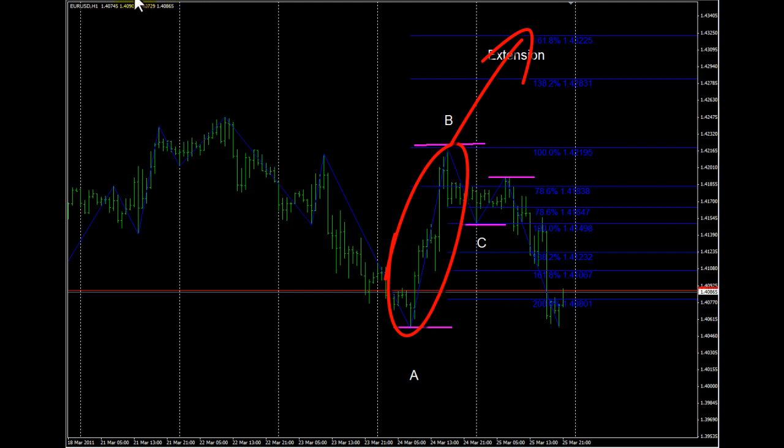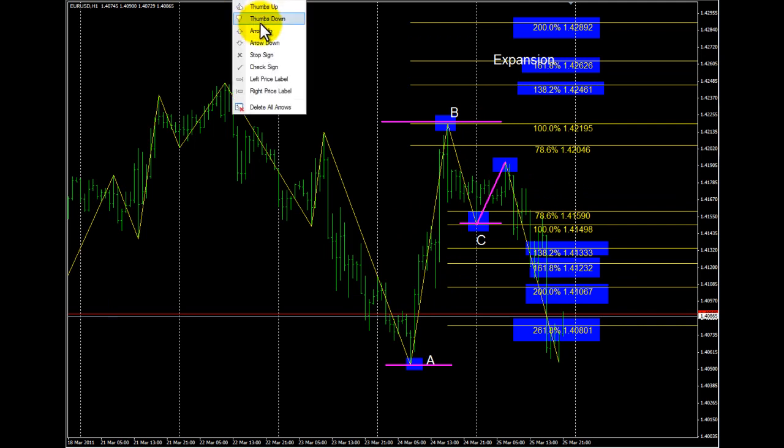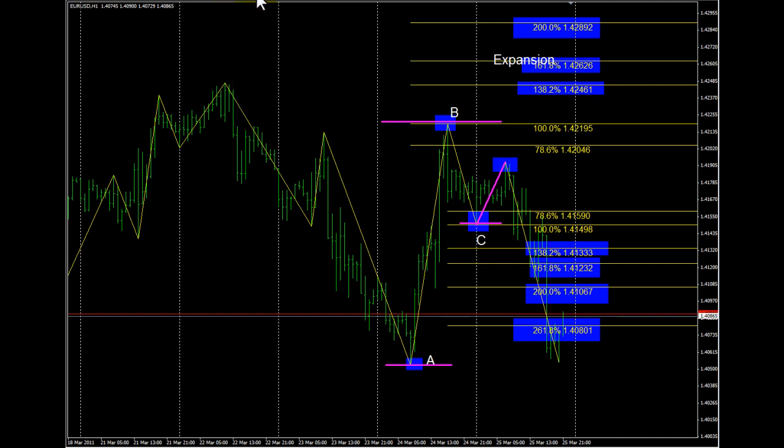All right, if I can make an arrow, make life easier. Let's see, what should I use? I'm just going to use this. So we're adding it here. Okay, that's where we're adding. We're taking the range from B and C, adding it to B, and go upwards for this swing, A, B, C swing.